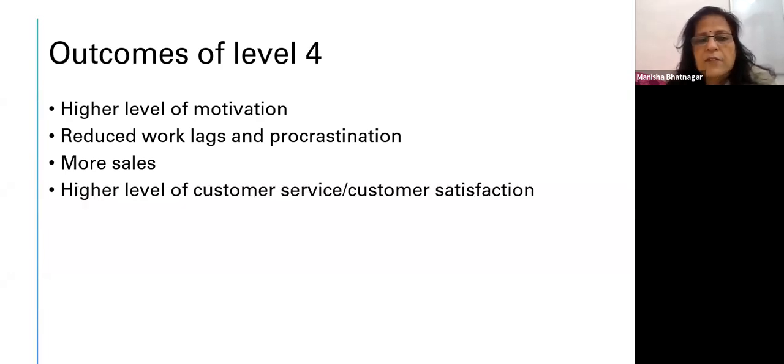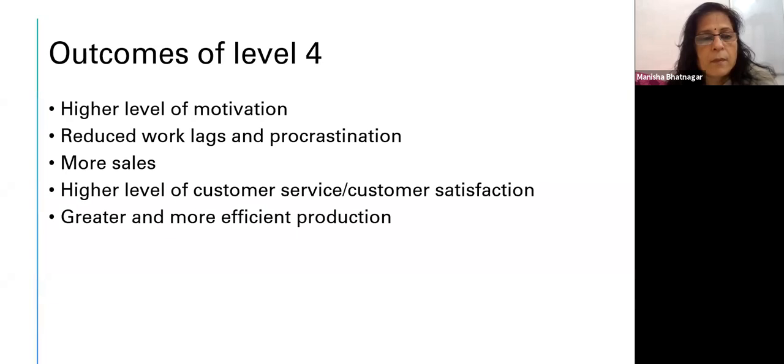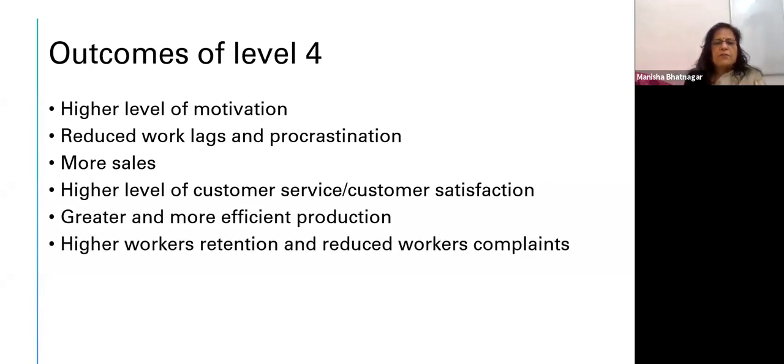It could be a higher level of customer service, customer satisfaction, a reduction in the number of complaints, greater and more efficient production. The quality of products may be increasing. It depends upon the kind of products or service the organization is giving. Higher worker retention, attrition will be less. People leaving the job would be less because there's more motivation in the workforce, and there could be reduced workers' complaints.